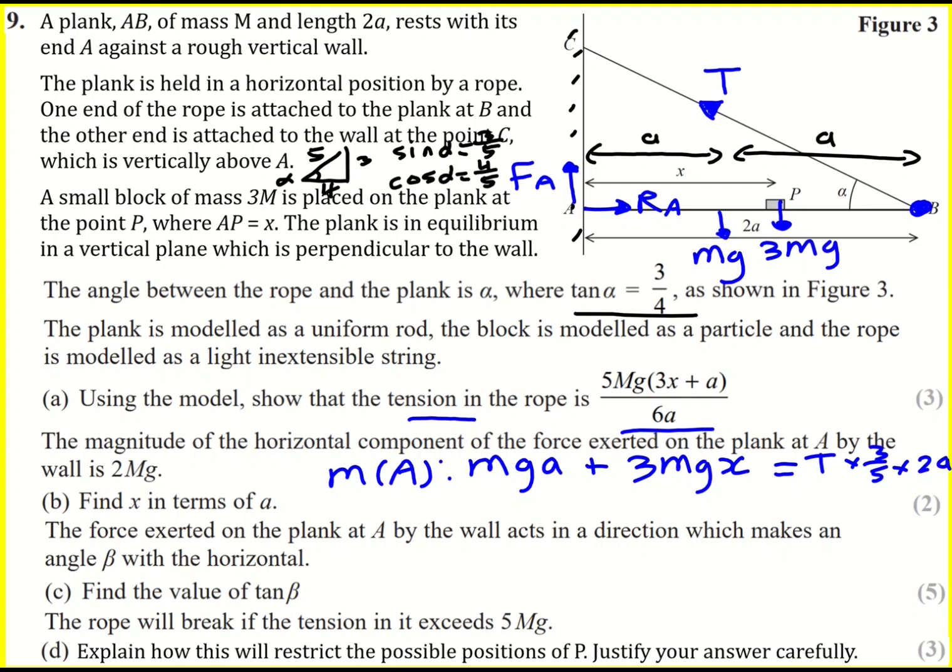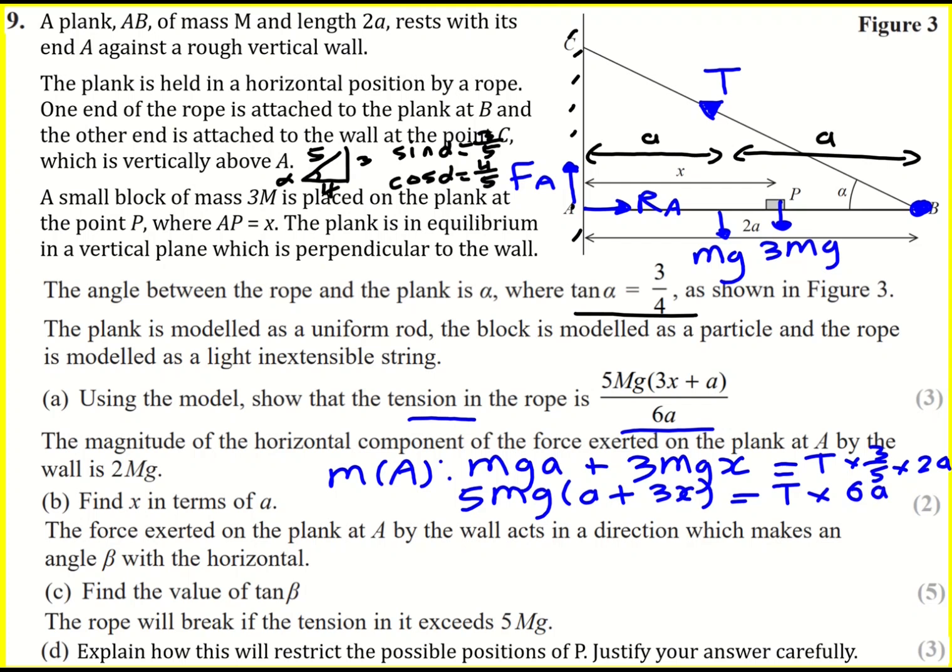Right, we're pretty much there actually. We just got to rearrange and factorize things out. Let's do it in a few steps. So I'm going to times through by 5, and I'm going to take mg out. And then I'll be left with a plus 3x. And that is going to equal T times 6a.